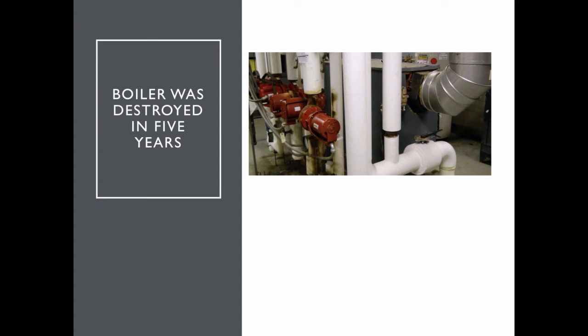So when one zone was running, they weren't getting enough flow through the boiler, so it ended up destroying the boiler in 5 years. So make sure if you're going to put zoning on, you want to make sure your boiler has enough flow so it doesn't void a warranty or destroy it.